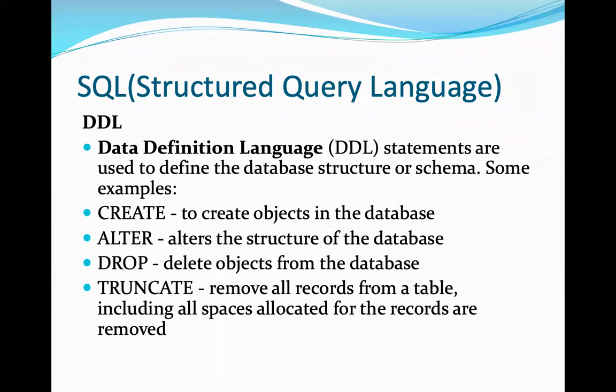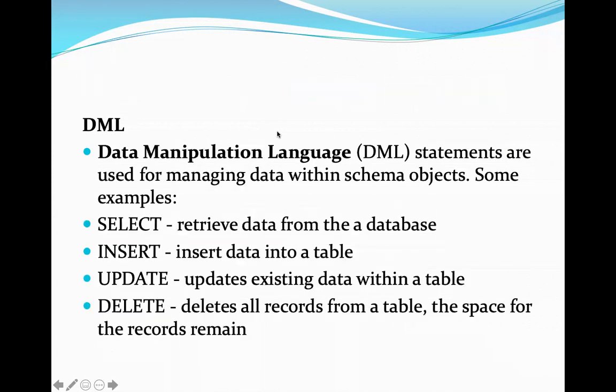And the last one is the truncate command, which removes all the records from a table, including all the space allocated for the records. So this is how the DDL commands are.